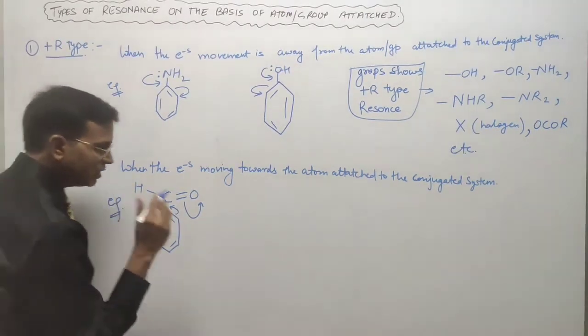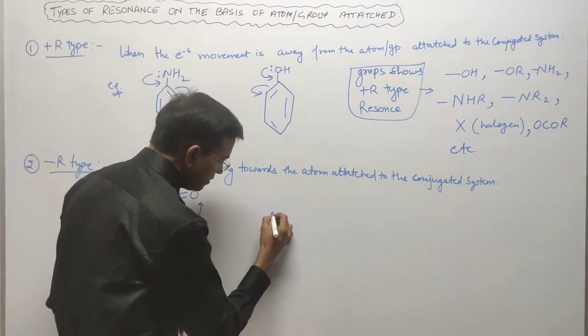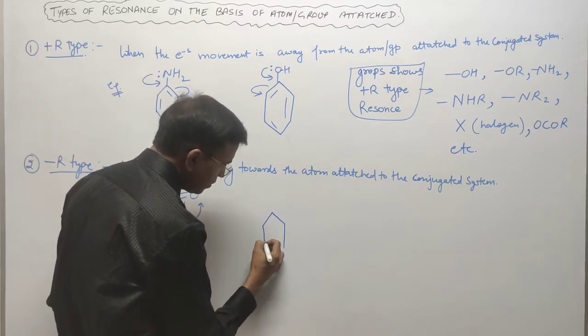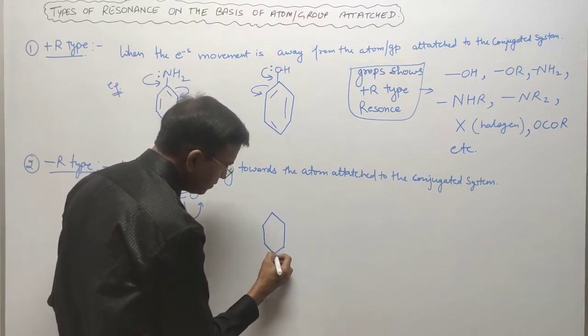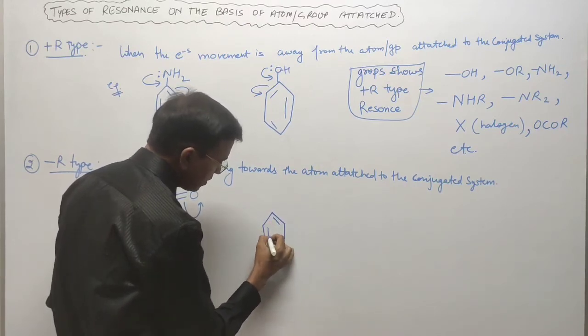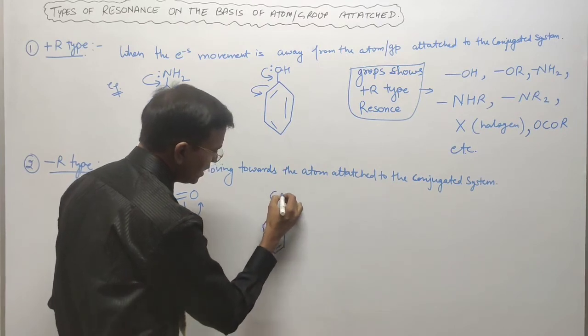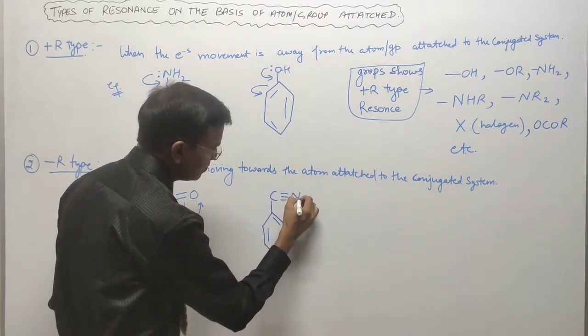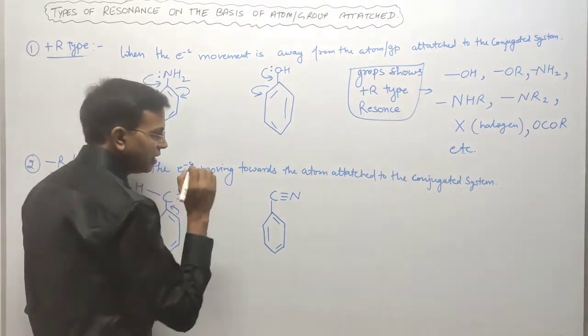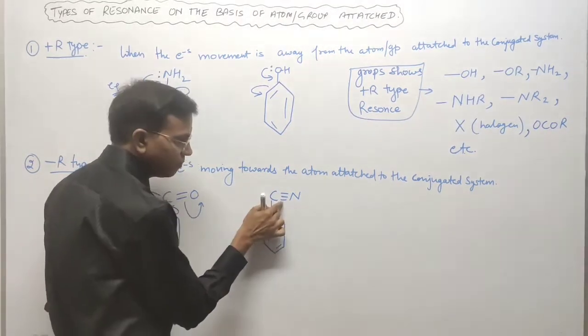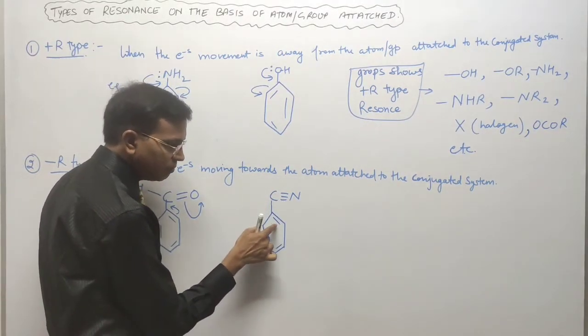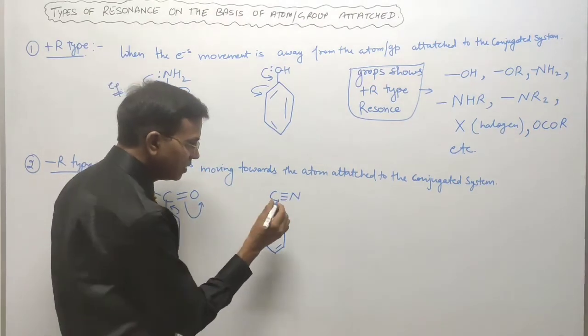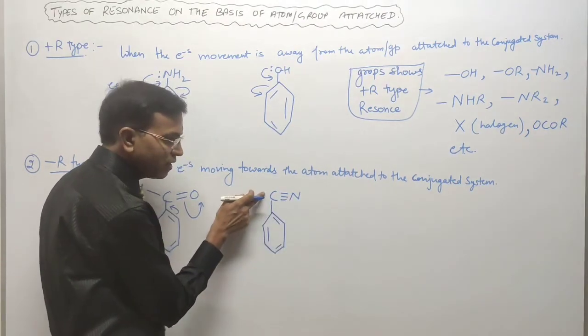So this type of resonance is called the minus R type. Okay? Let me take one more example here. This time I am going to take CN. Right? Here the pi electrons, sigma bond, pi electrons, conjugated system. Nitrogen is more electronegative than carbon.